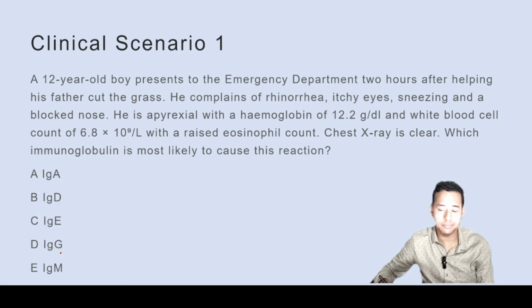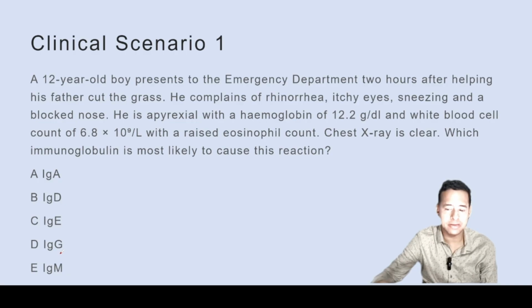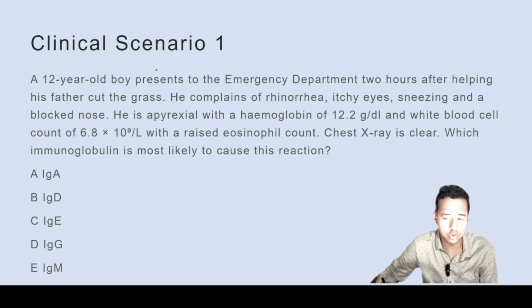The rest of the options won't be right. IgA primarily protects mucosal surfaces and doesn't mediate allergic rhinitis, and IgD functions mainly as a B cell receptor, with no major role in immediate hypersensitivity. So these are not the answer.